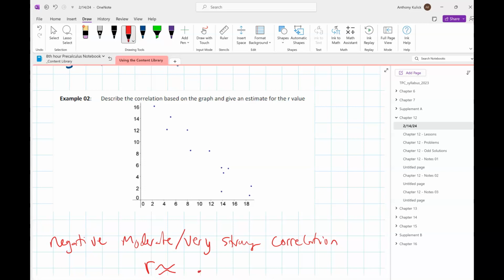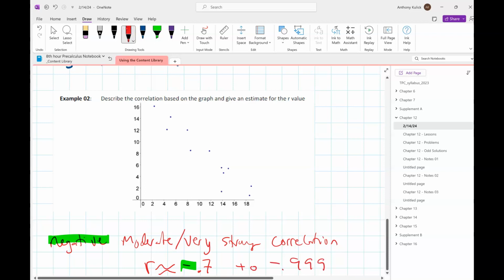Well, not 0.7, because it should be negative, right? But I would say anything in between there I would accept. Everybody's okay? If all we got is a picture to make an estimate from, as long as it supports what you're saying and it seems reasonable, I'm not going to complain too much about it. Everybody's okay there?